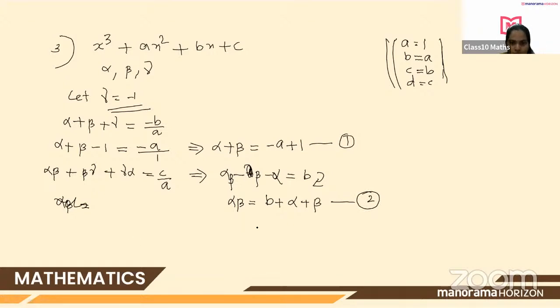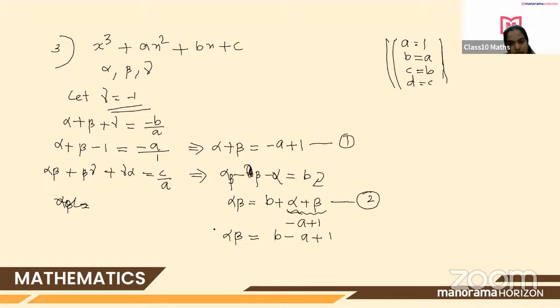Okay, so from equation 1, we know that alpha plus beta is minus a plus 1. So we can rewrite it as alpha beta is equal to b minus a plus 1.